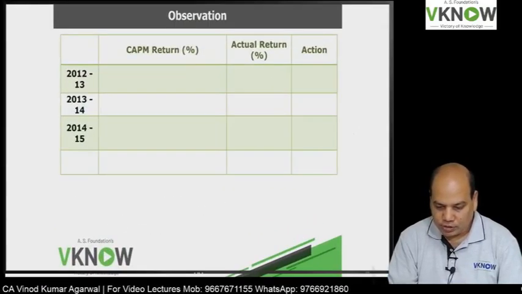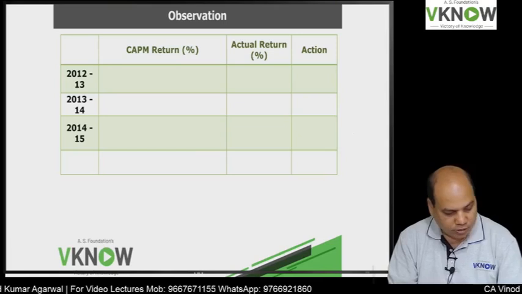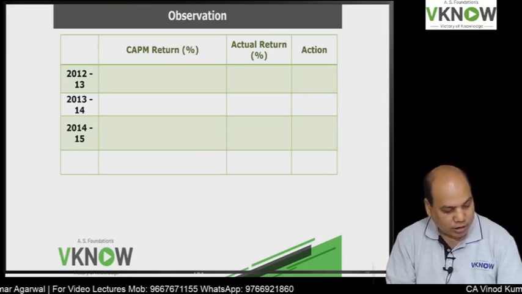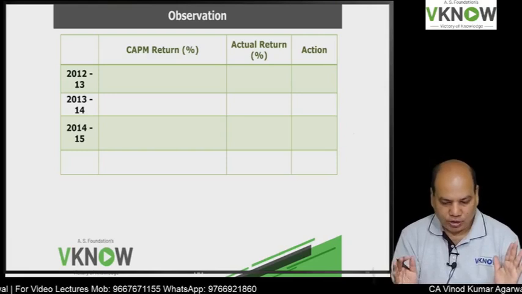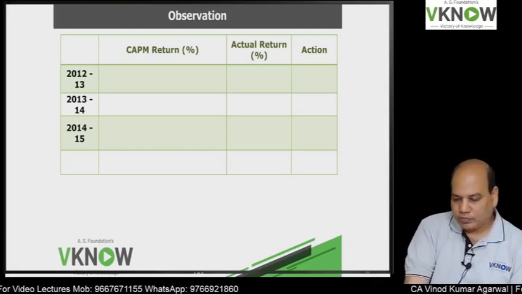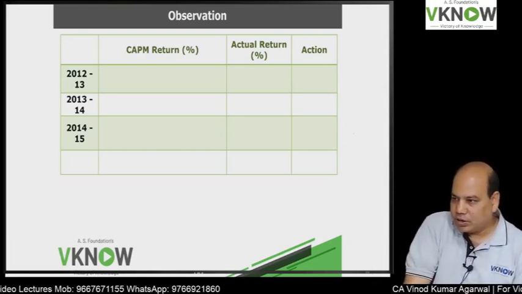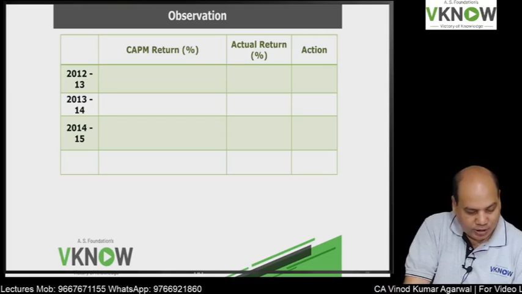Now write down observation. They have said observation, but not clearly exactly what they want us to observe. We want to check whether the stock is overpriced, underpriced, and what action should be taken in each year.